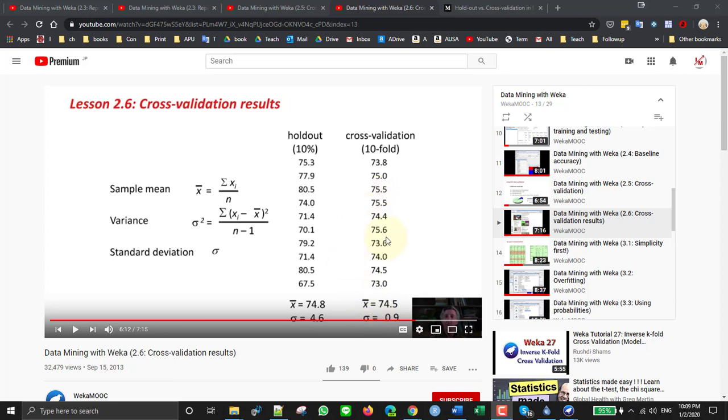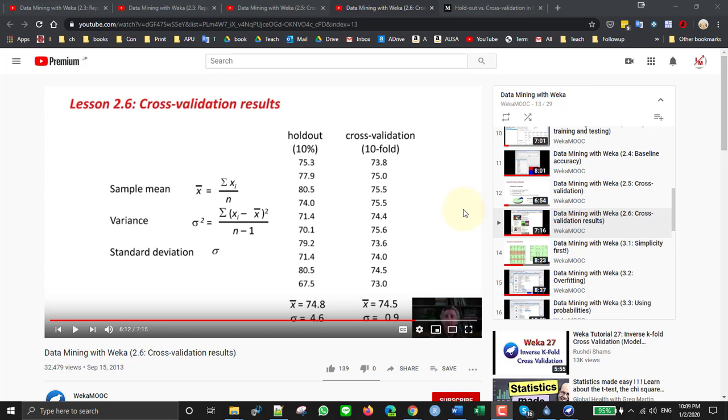On the other hand, when we do the cross-validation, I don't think we can see what the results are like here, but we'll get basically the same average as we got here, but the standard deviation is much smaller, and that's a good thing. We want the standard deviation to be small, and it seems to be a lot smaller.